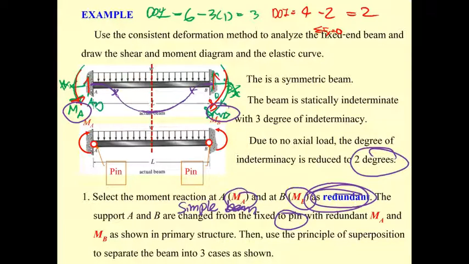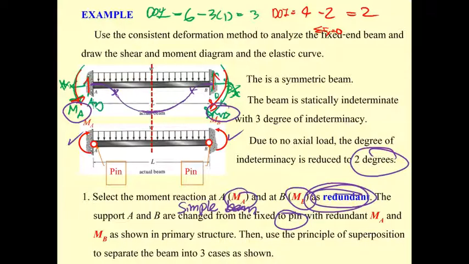And on the PowerPoint, they set M sub A and M sub B. I would like to note that the M sub A and M sub B here are in the opposite direction of what we should have. Okay, so if you make the direction of the redundant wrong, when you calculate, the result will provide you the opposite direction.